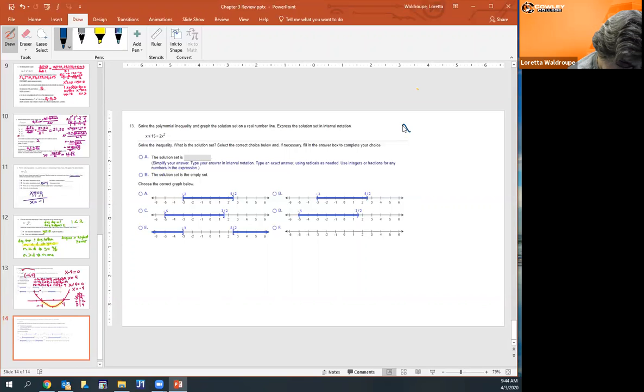So x less than or equal to 15 minus 2x squared, right? First, we're going to set it equal to 0. So we got to move both of these terms over to the left. When we do, remember their signs change.